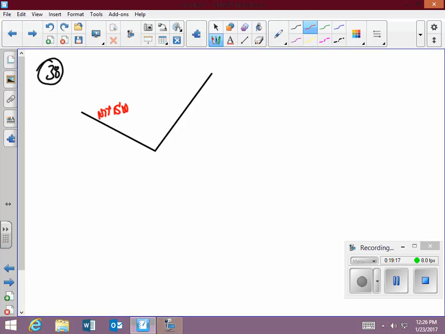And then this one, this is C, this is B, and then this is A. And then this is south 27 degrees 47 minutes west.